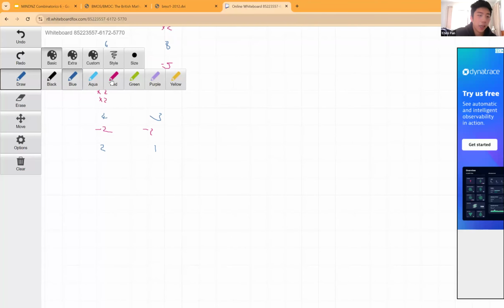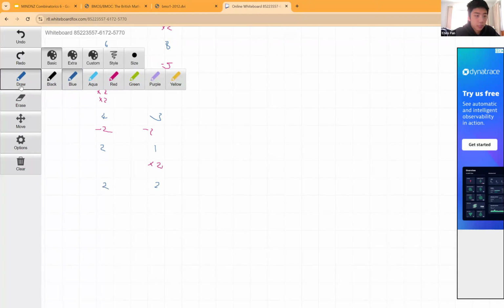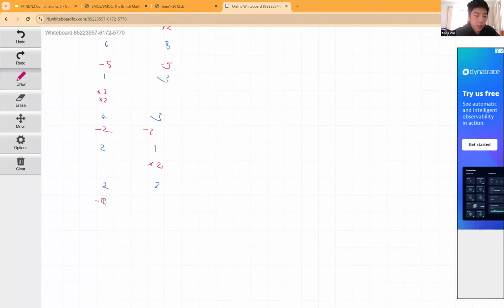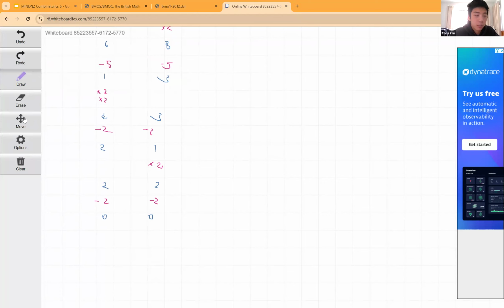And finally, we'll see that our difference is 0. And once our difference is 0, obviously you can just subtract this number from both sides, and you get 0 on both sides. And cool, that's that, that's done.